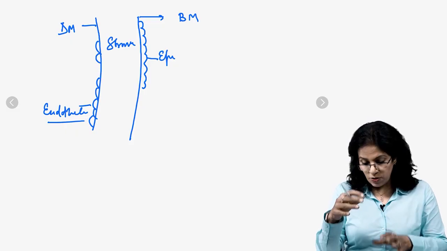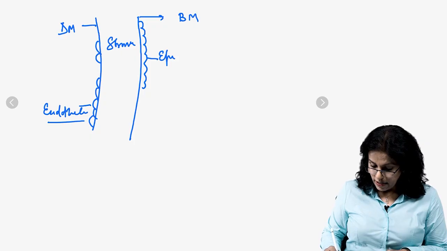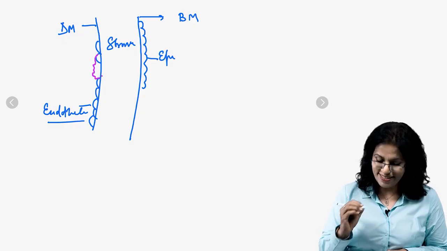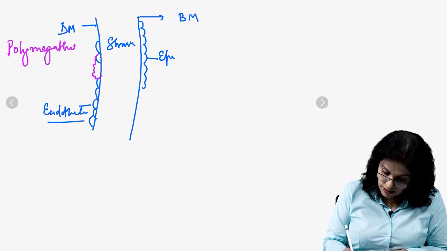Right? You understand? So suppose this is the area where there was some damage. Correct? So if there was damage here, the adjacent cell is going to enlarge itself, change its shape and cover the space. Enlarging is called polymegathism and changing of shape is what is called pleomorphism.